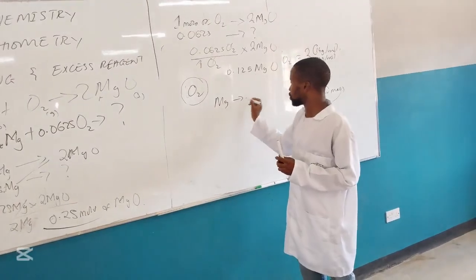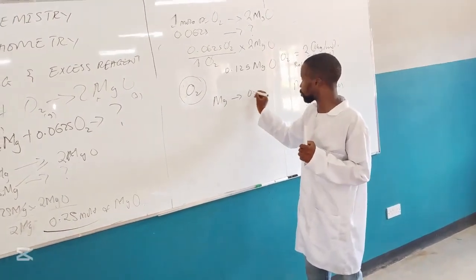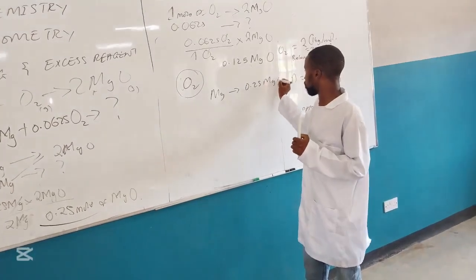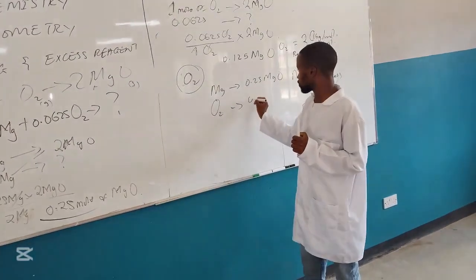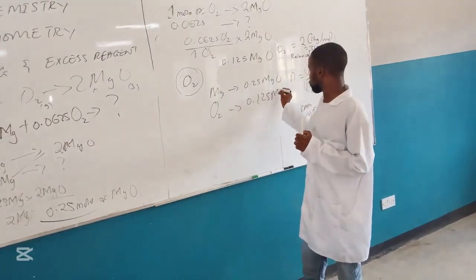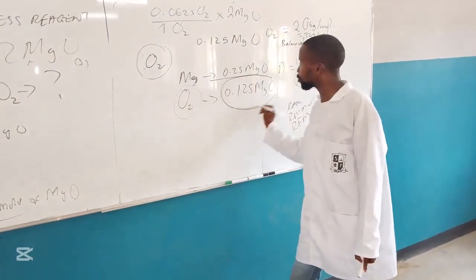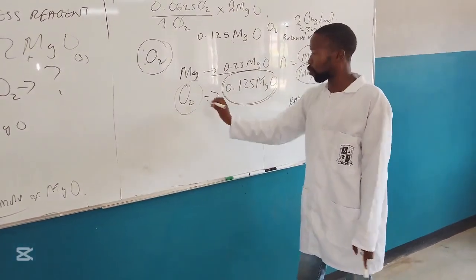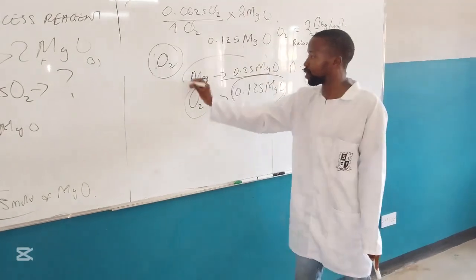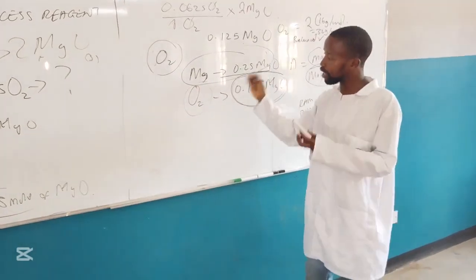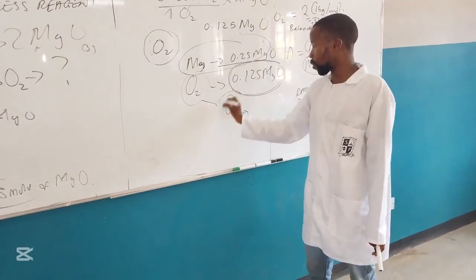Magnesium has produced 0.25 MgO, while oxygen has produced 0.125 MgO. The moment we produce 0.125 MgO, oxygen will not be available, meaning that the one that will remain is magnesium. So our limiting reagent is oxygen gas.